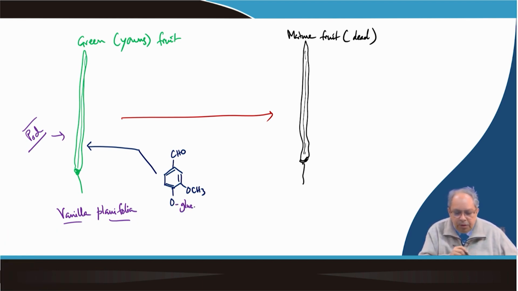Why is it so? Because it is an aldehyde. Aldehydes are very toxic. As it is synthesized in the cytosol, the plant cannot really retain it. So, it immediately tries to move it inside the vacuole. So, there will be induction of glucosyl transferase, and the glucose molecule is added. So, it becomes vanillin glucoside, or glucovanillin.